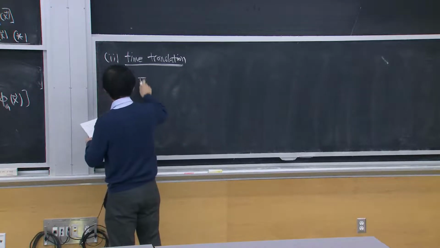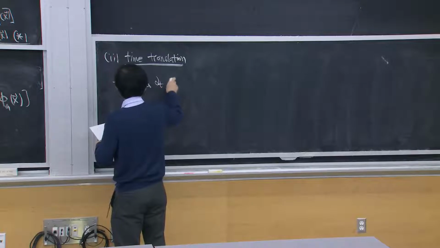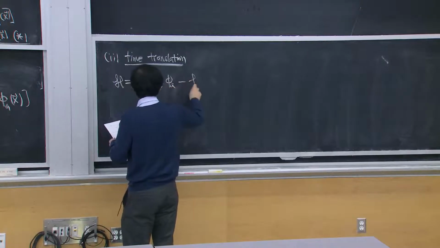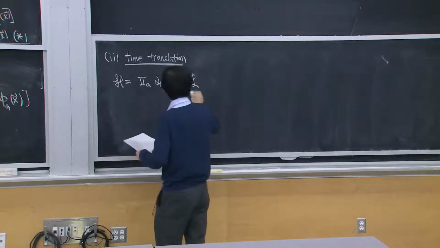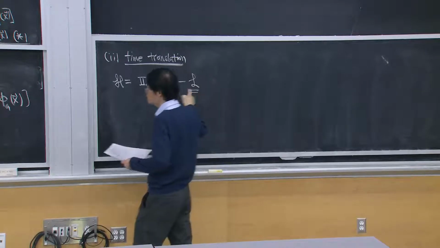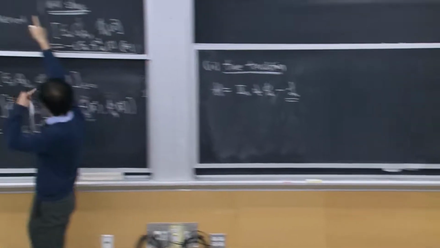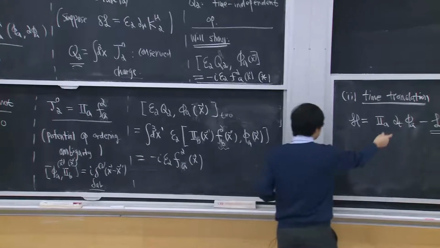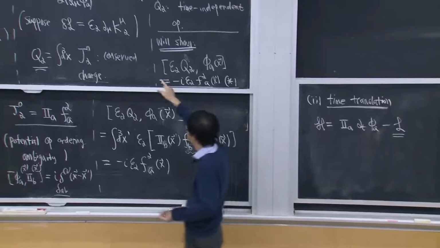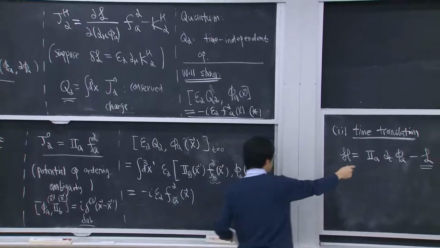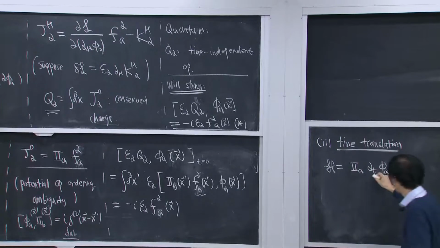H is equal to pi a partial t phi a minus L. So the L here, for the time translation, L is the analog of the k, and the partial t phi a is the f here. And then here is the pi a. So here you also have a time derivative.